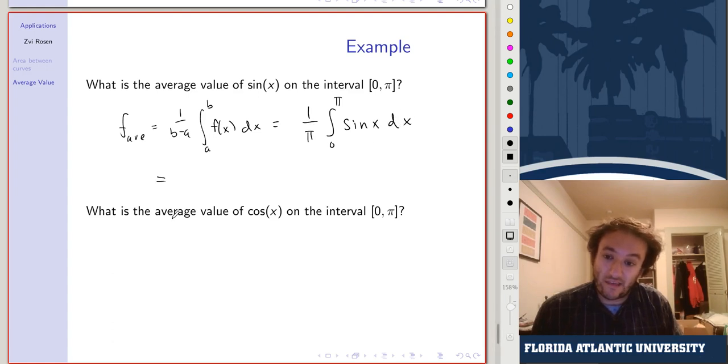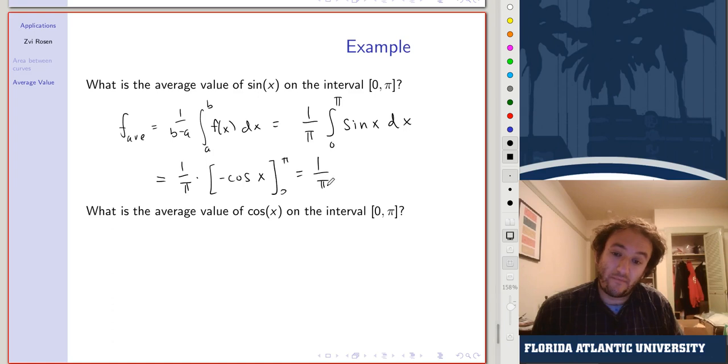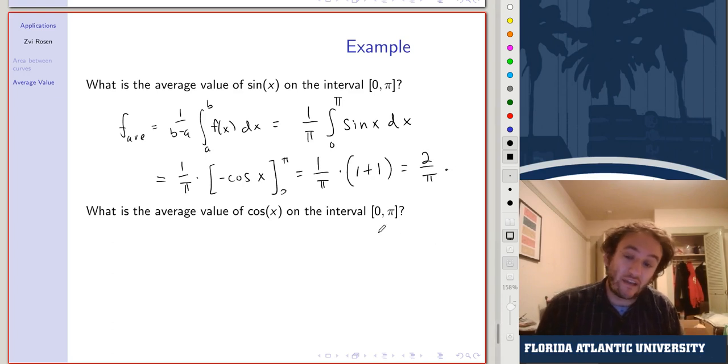This is given by 1 over pi times minus cosine x evaluated from 0 to pi, which gives us 1 over pi times minus negative 1, which is just 1, minus negative 1, which is a positive 1. So this is 2 over pi, and that's the average value of sine on this interval.